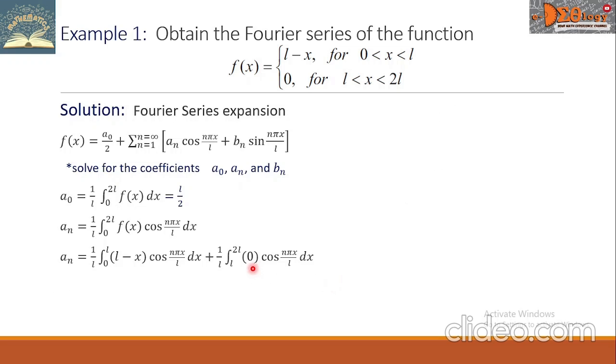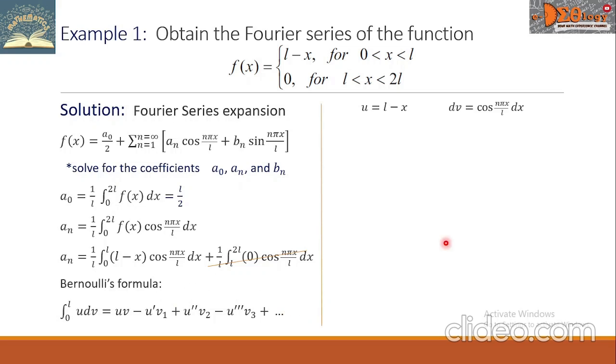Because of the 0 of the second integral, we can cancel it out. Then let us evaluate the value of a sub n based on this first integral. When we solve for a sub n, we're going to use the Bernoulli's formula, and we write it here. So we collect for the u and the dv.